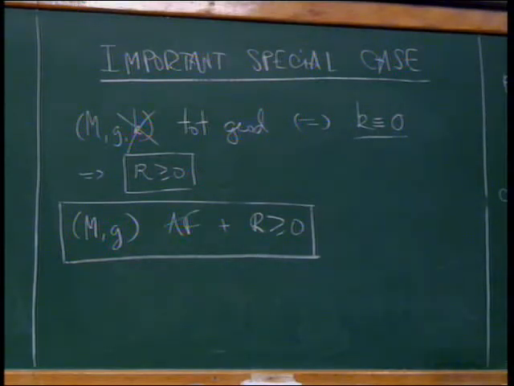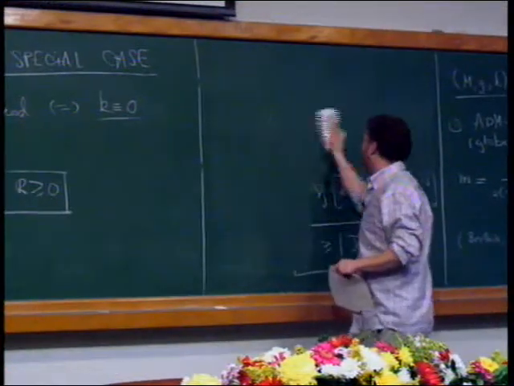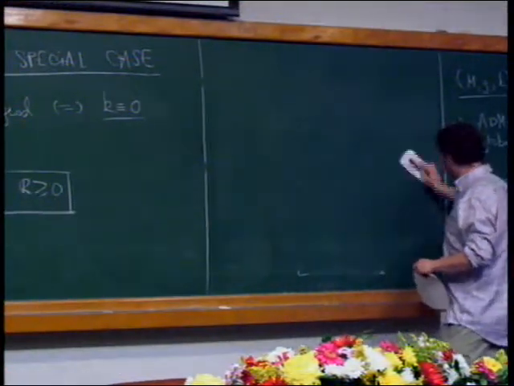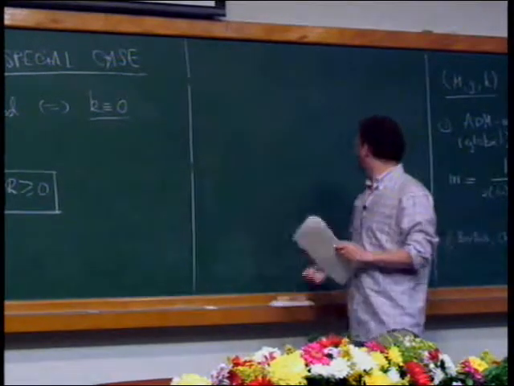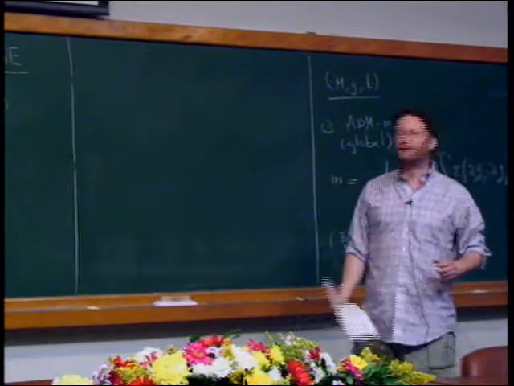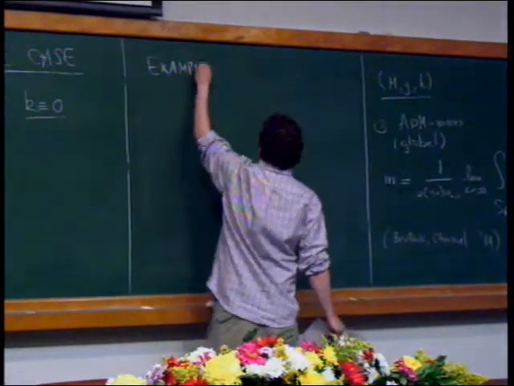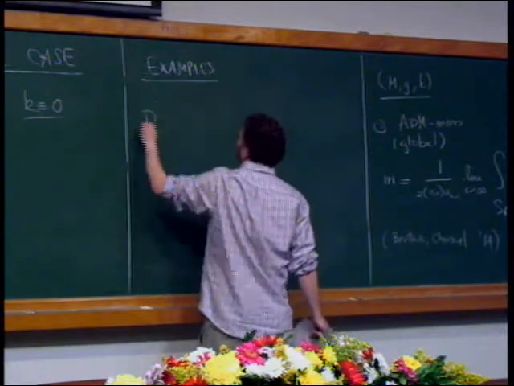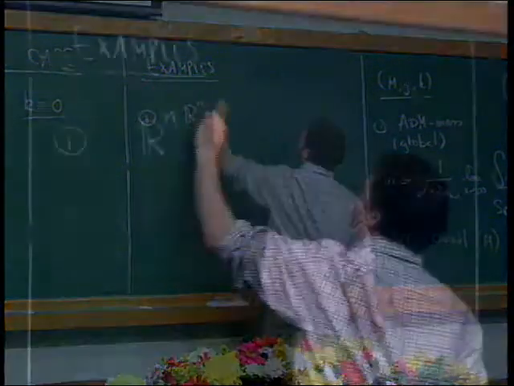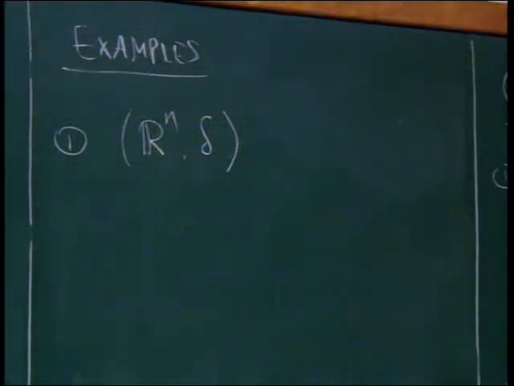All right, so let me present you two seemingly lame examples. What's the easiest example of an asymptotically flat manifold with non-negative scalar curvature? Everybody knows. R^n with delta. Flat space, Euclidean space.